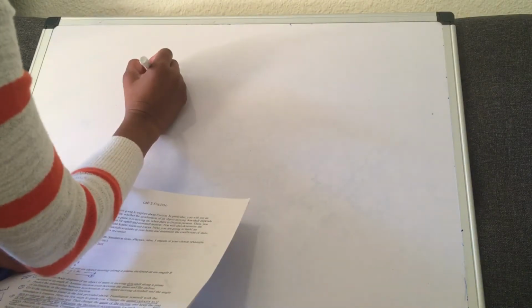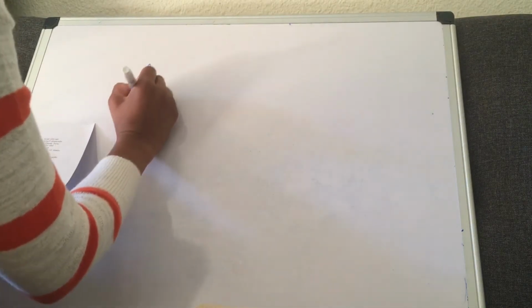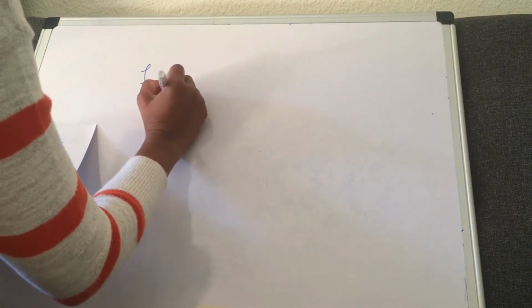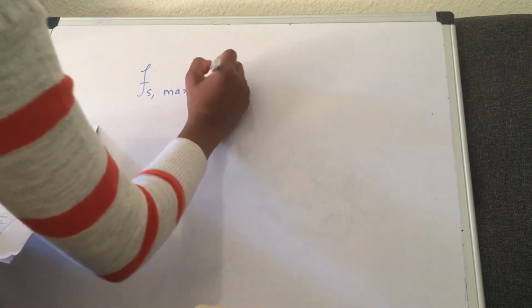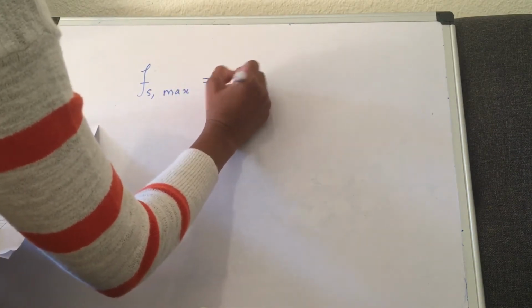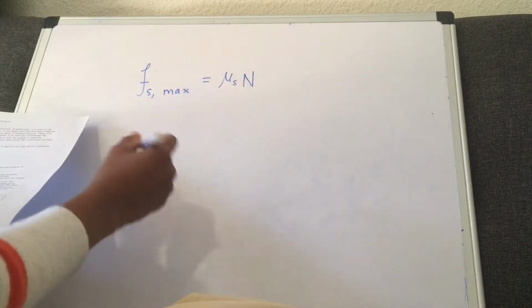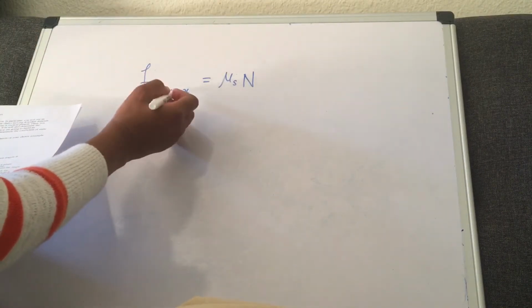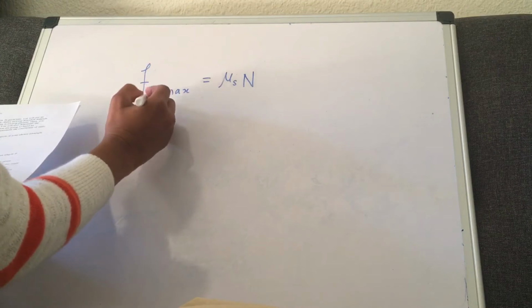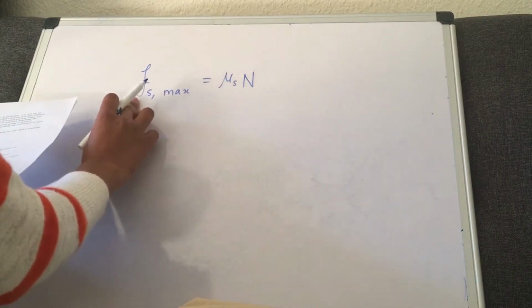So part 1, there are several useful equations here. I'll try to write a little bit bigger. Fs max equals mu s N, and this Fs max means the maximum static frictional force.